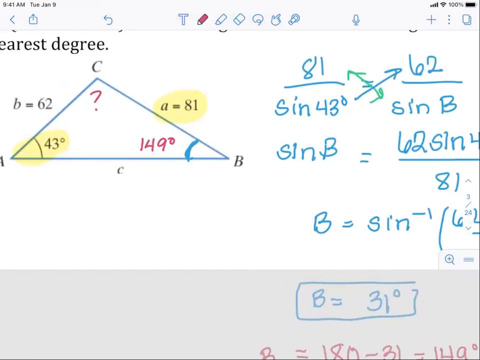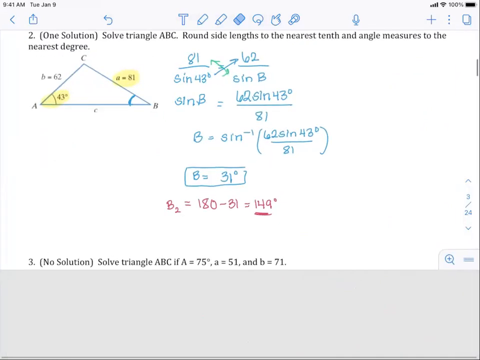You have to be able to have three angles in your triangle, and we've already busted with that one there. So this is too big for 180 degrees in the triangle. So we do not get a second answer, and that's why there's only one triangle in this case, and the only option is the first value that we found for B.